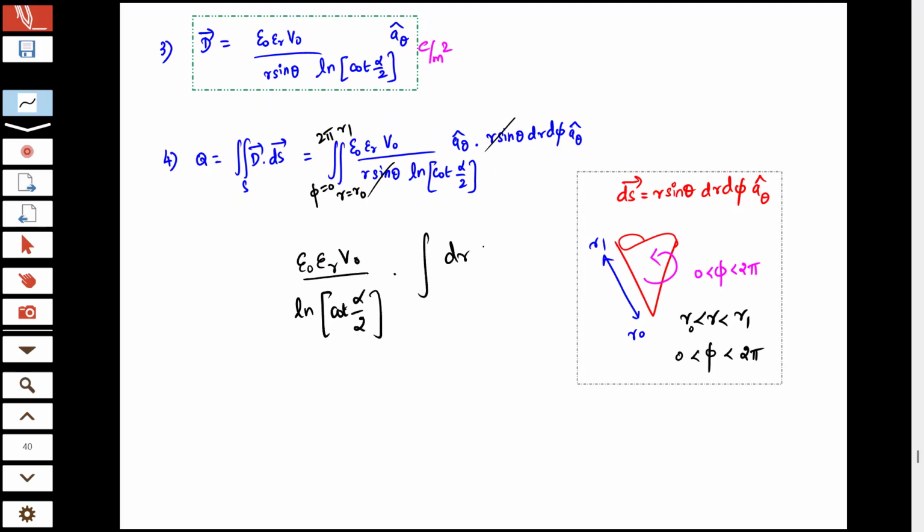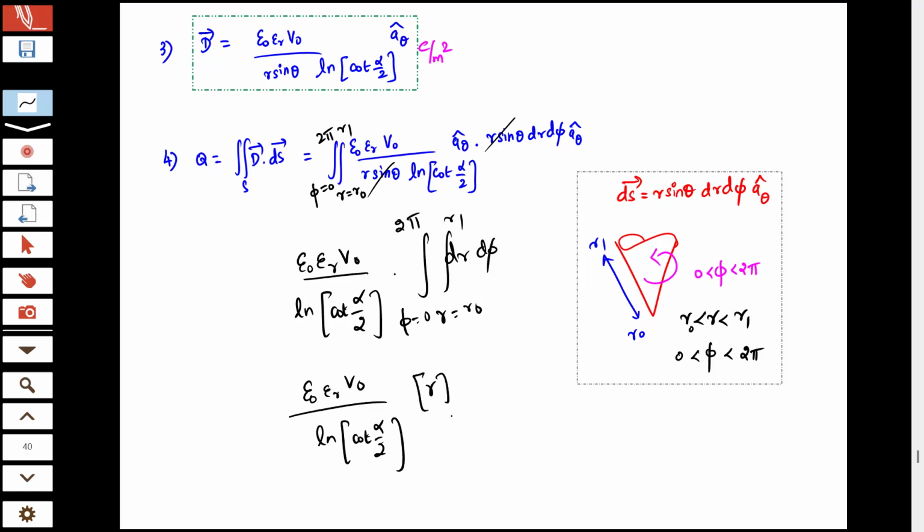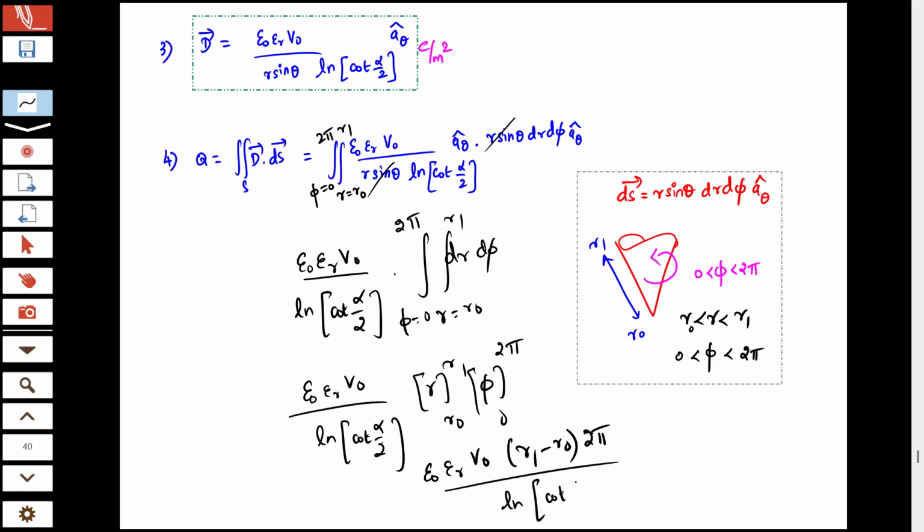Now the integration is dr d phi, where the r limit is R0 to R1 and the phi limit is 0 to 2 pi. This gives epsilon r V naught by logarithm of cot alpha by 2 into the integration of dr from R0 to R1 and the integration of d phi from 0 to 2 pi. So thereby you will get epsilon r V naught (R1 minus R0) into 2 pi divided by logarithm of cot alpha by 2. So this is the charge enclosed.